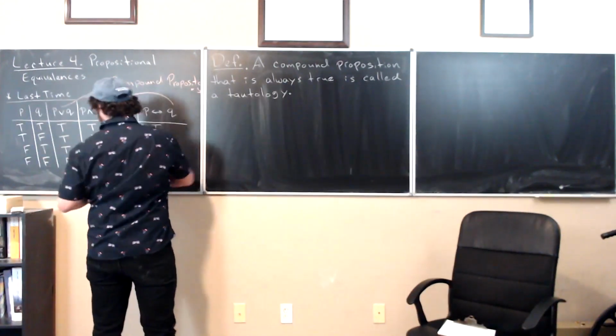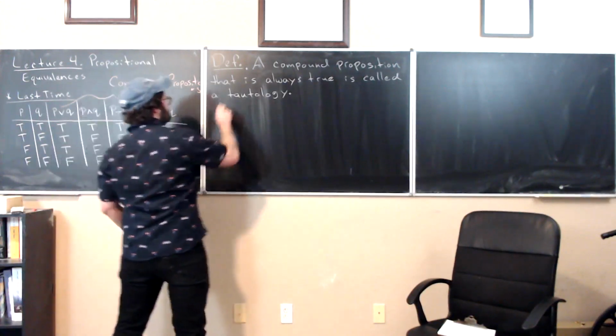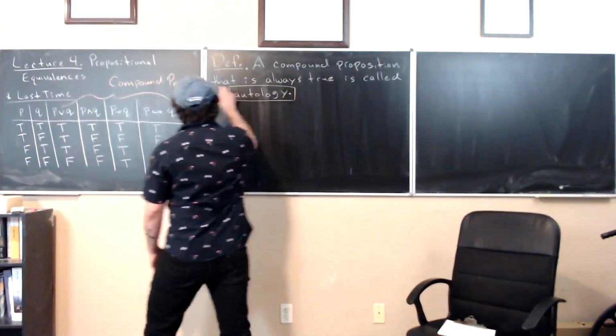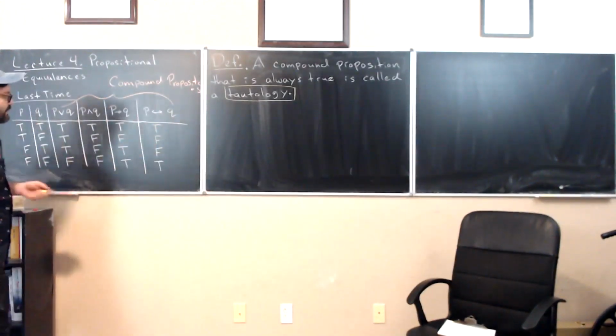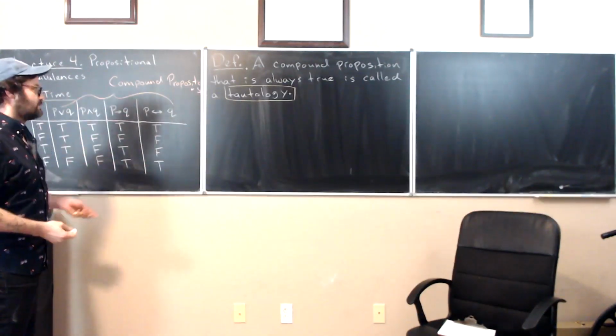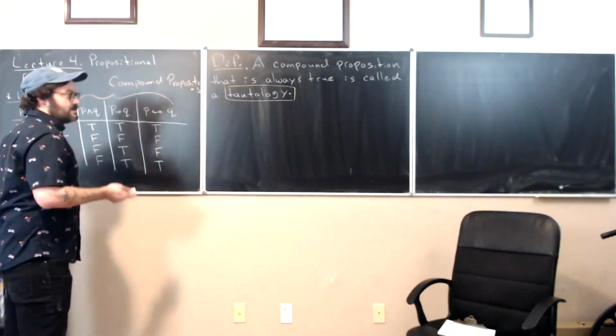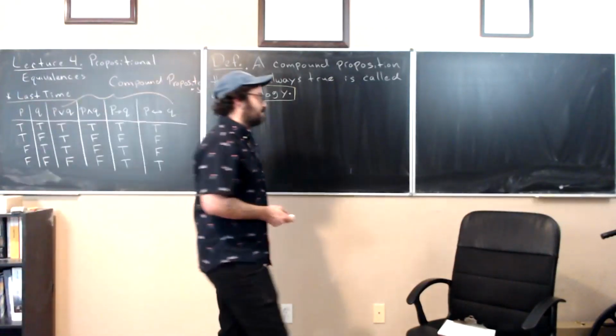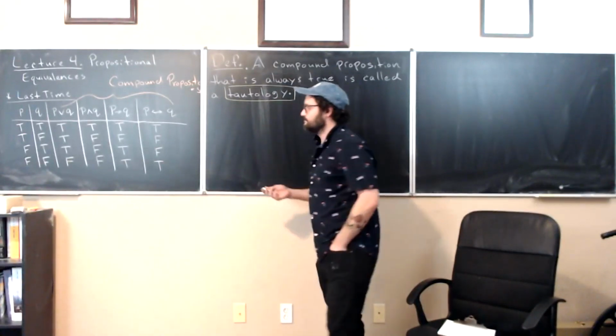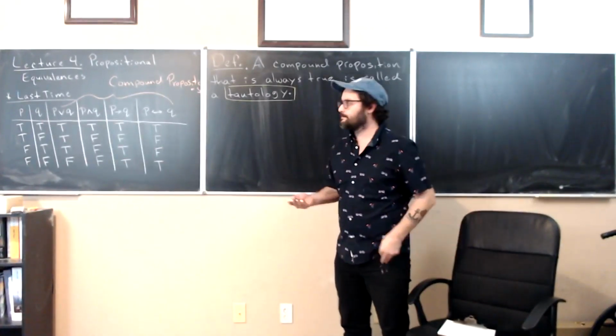None of these compound propositions are always true, so none of these satisfy the definition of being a tautology. We'll look at an example after I've finished writing out the rest of this definition, showing that these do exist.